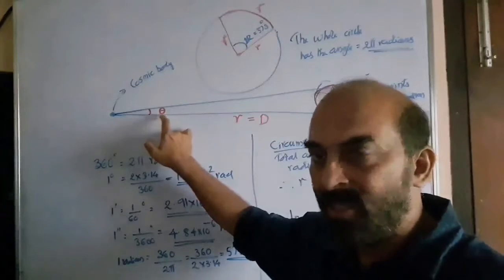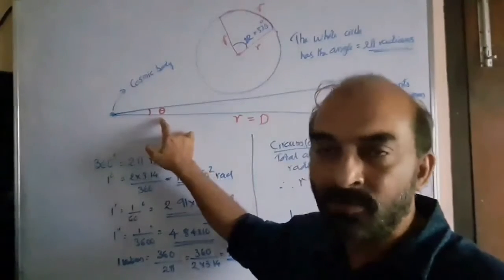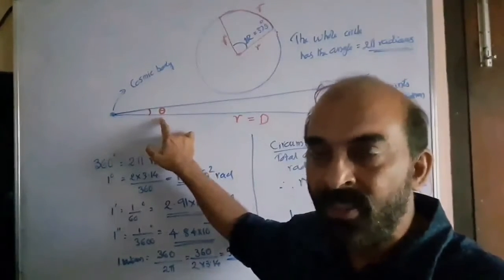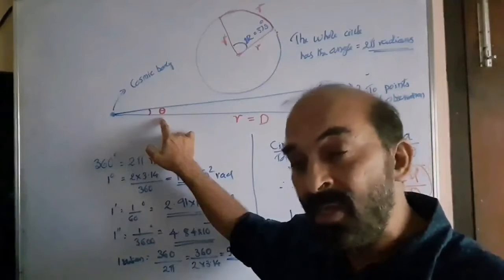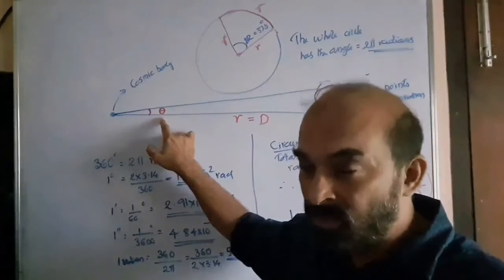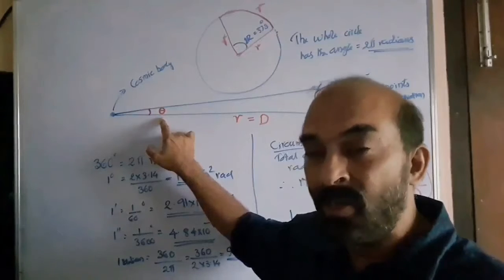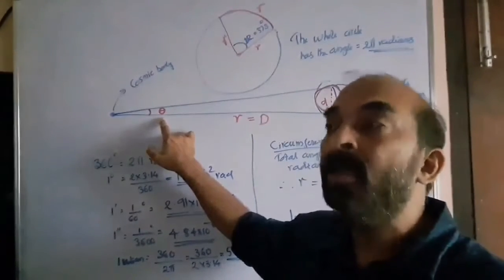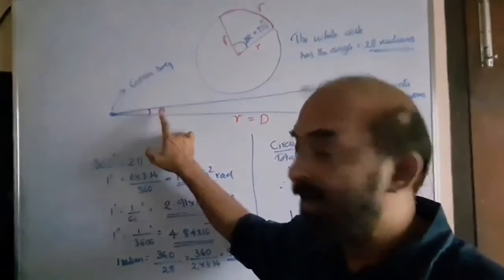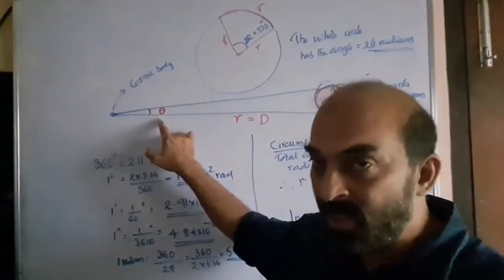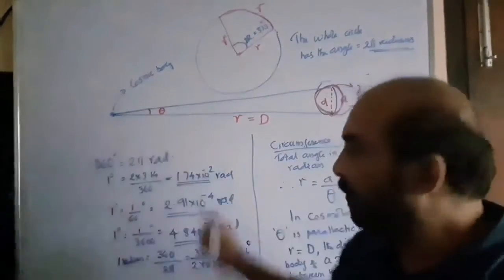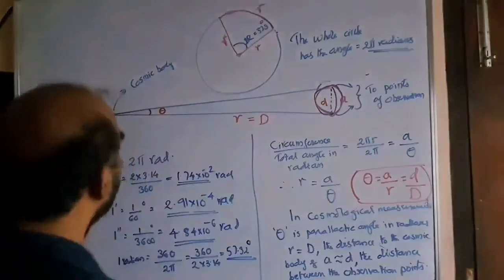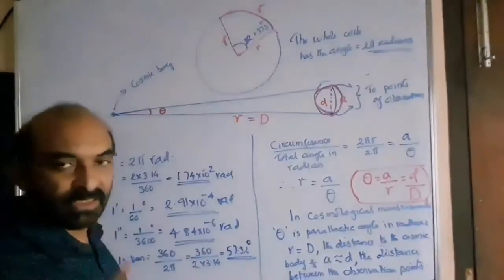Here we express the parallactic shift in terms of angle. We may use the normal degree angle, minute angle or second angle, but here we are adopting the radian angle. This theta is expressed in radian. Now, listen carefully.